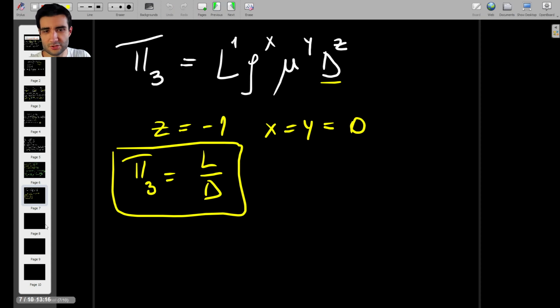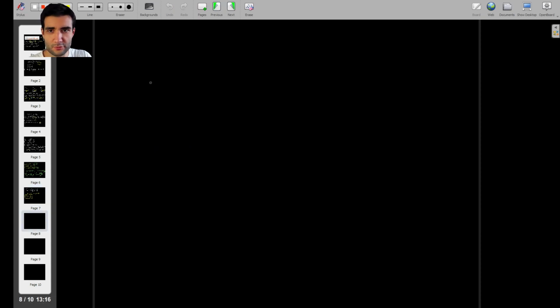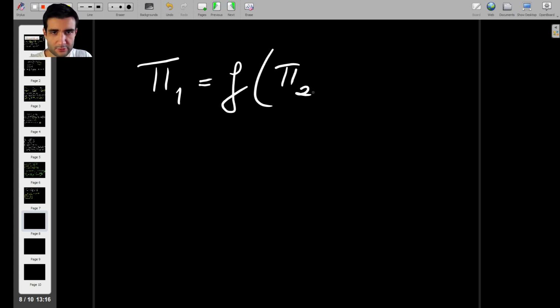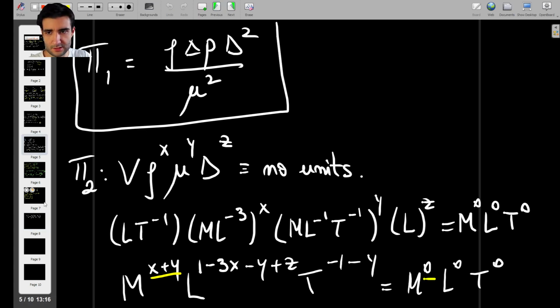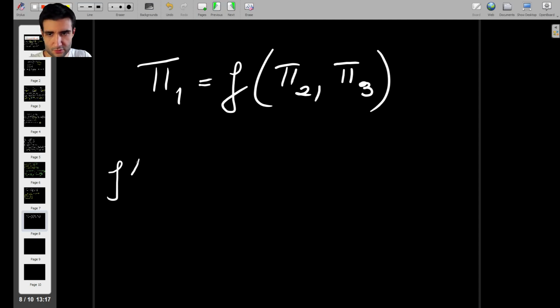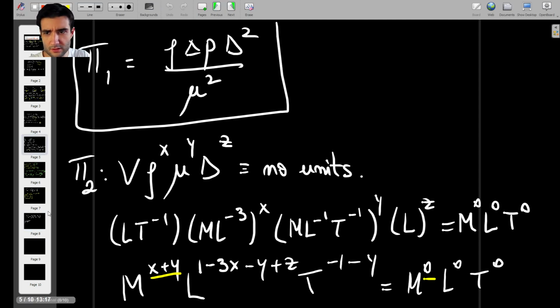So the last thing to do is just to write the formal relationship between the parameters. So I'll just choose to write it as pi 1 is a function of pi 2 and pi 3, like this. So pi 1 was this. So I have rho delta p d squared, I think, over mu squared.